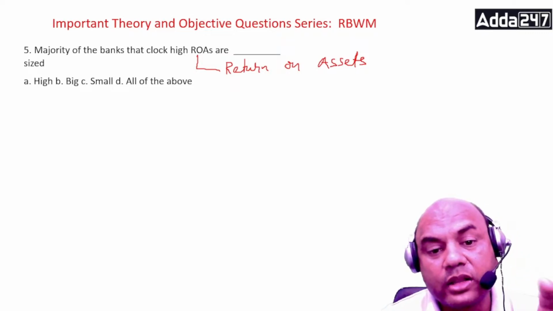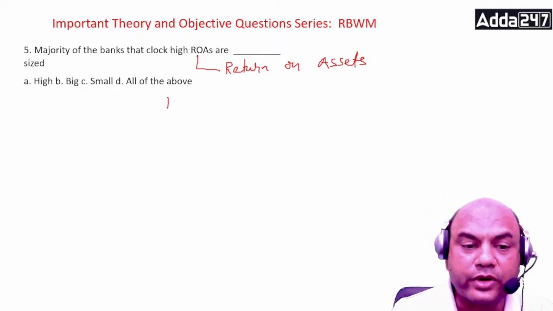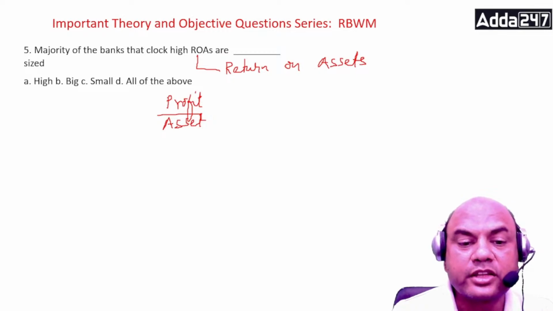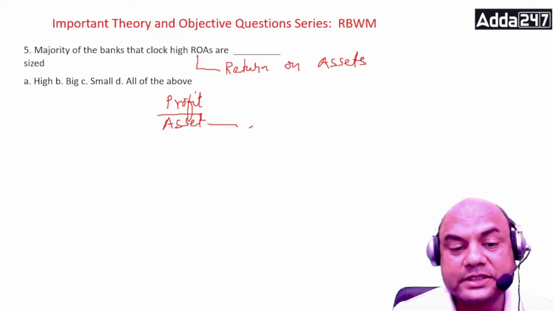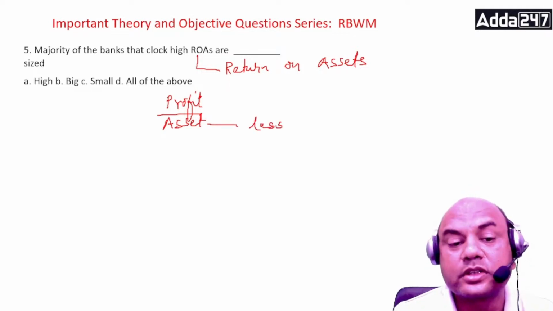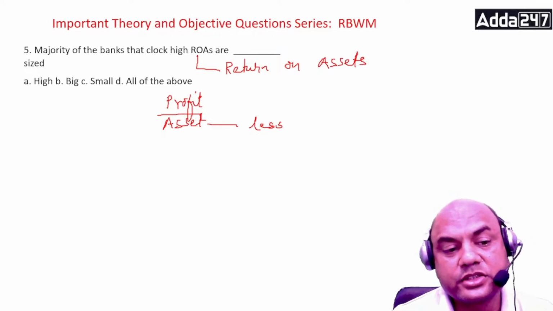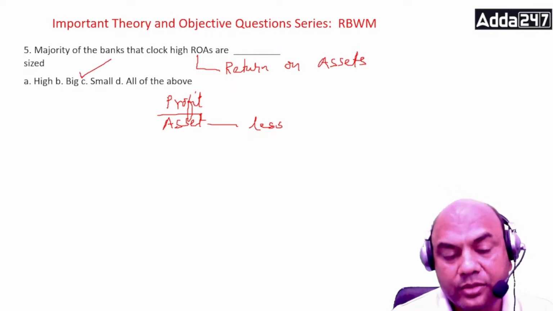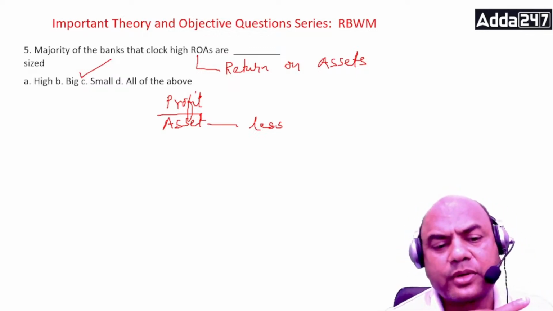Return on assets means what I am getting as a return, income or profit, in simple terms profit upon assets. So when will this figure be higher? This figure will be greater if my profits are big or my assets are less. If I have lesser assets, then also this figure will be bigger. So the banks which are small sized will have higher ROA. Simple, isn't it?